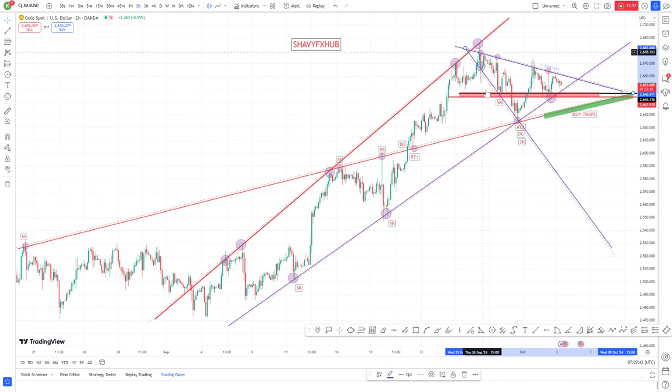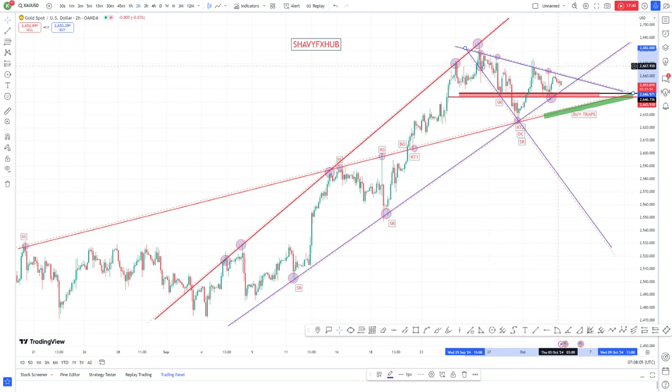Initially, the resistance started from here. We had lower low, lower high, lower low, lower high, lower low, lower high. Price picked up, but when we look at the structure, we still have the previous high at the topmost.